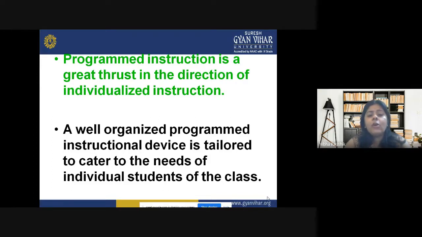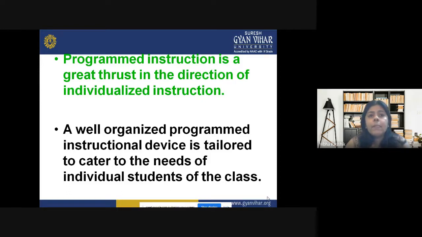A well organized programmed instruction which is fully prepared by the teacher has clear objectives. The instructional device is tailored to cater to the needs of the individual students of the class.